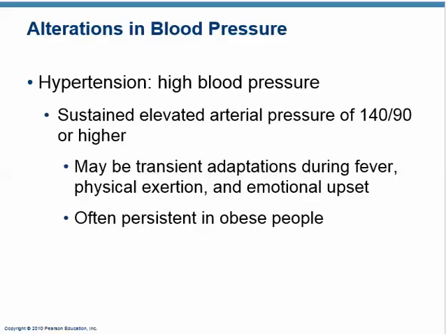Hypertension is high blood pressure, an arterial blood pressure of above 140/90. It's important that the diastolic pressure be part of this calculation too. It could be chronic, or it could be acute and transient. You get angry, your blood pressure will go up.